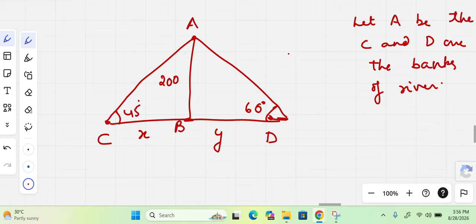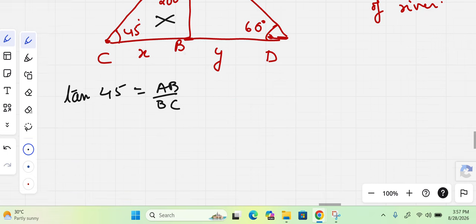Guys, done? Did you get the answer? First, anybody who has not solved, solve this one. This is easy. You can say tan 45 equals AB by BC, correct?